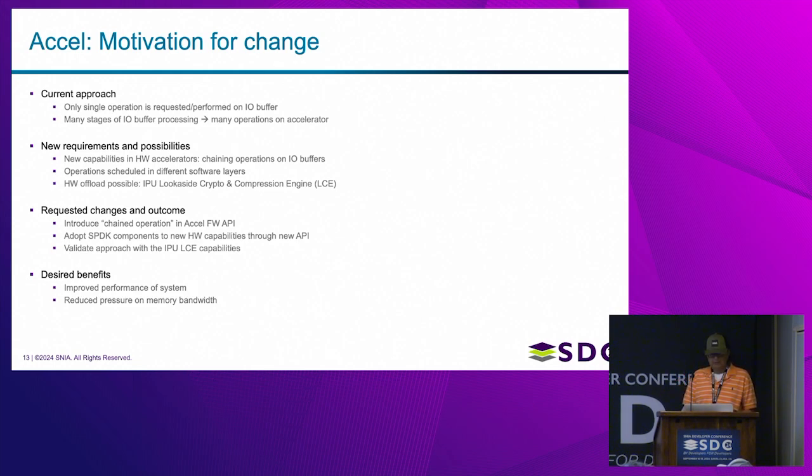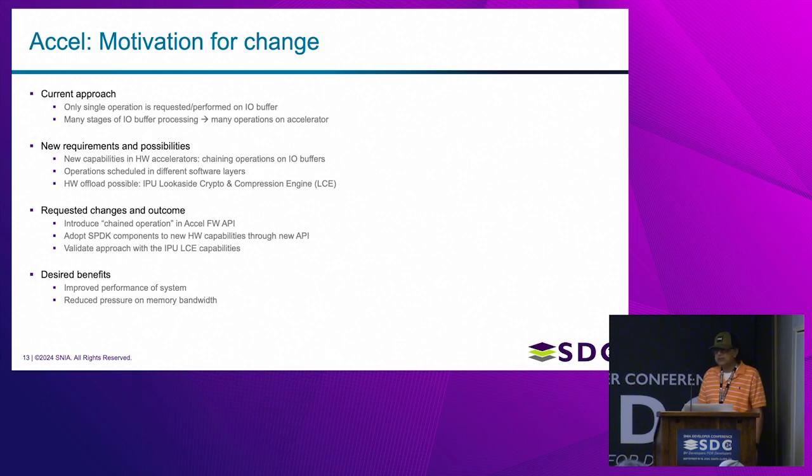So we requested these changes and got many of them already done and integrated with the SPDK framework. We introduced chained operation in the Accel framework API. We adapted some of the SPDK components to new hardware capabilities through the use of new APIs.